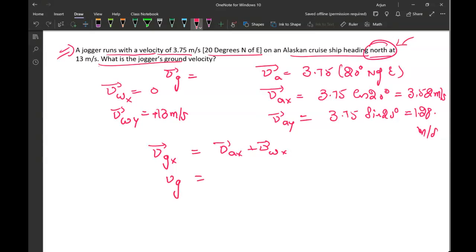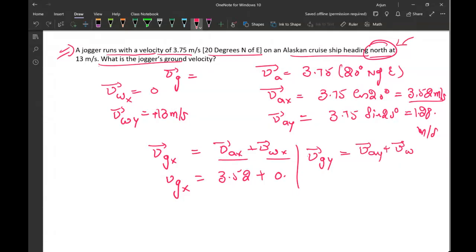Now Vgx will come out to be Vax plus Vwx, so 3.52 plus 0, and 0 means there is nothing to add. Vgy is Vay plus Vwy. Well, actually Vwy is 13, Vay is 1.28.